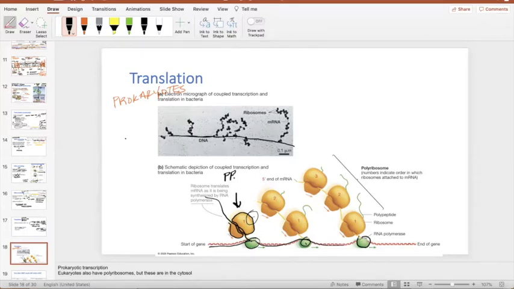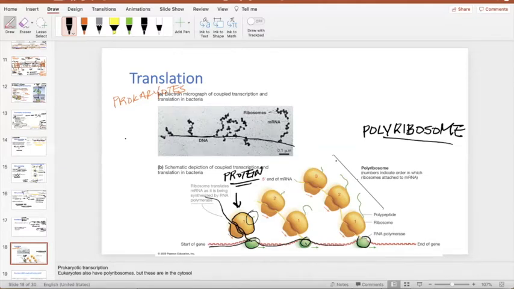That is happening instantly. This is called a polyribosome situation. We have multiple ribosomes attached to a single mRNA molecule. And then out here, this part is the protein as it's growing, okay?